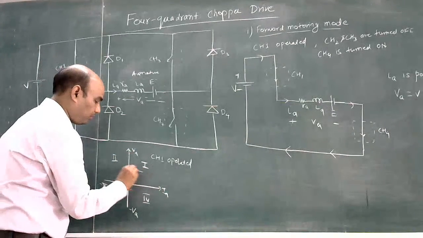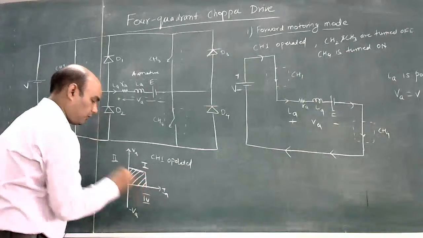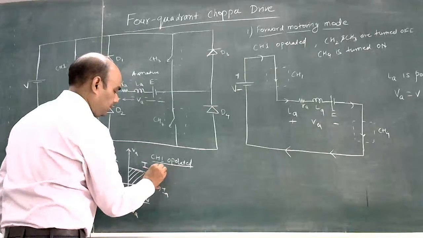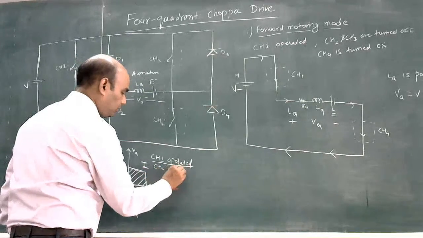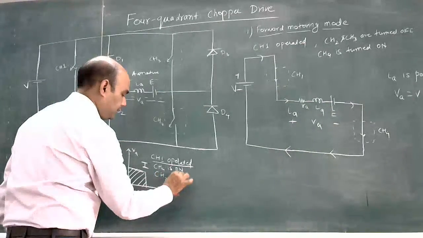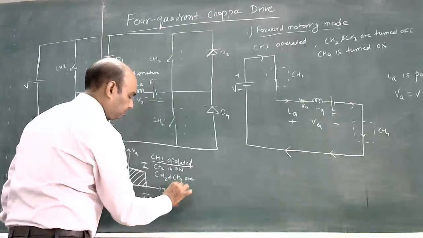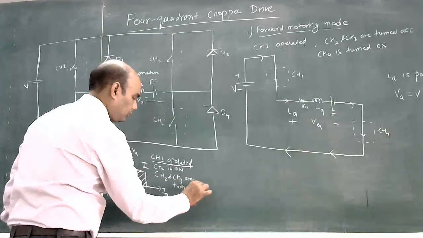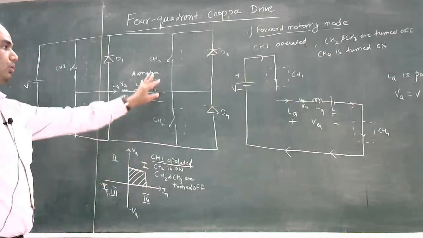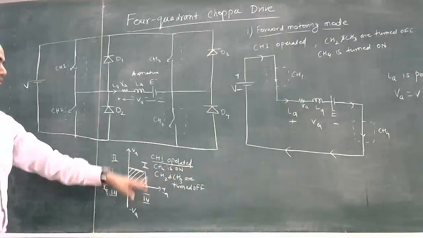So this will operate in quadrant 1. Here CH1 is operated, CH4 is on, and CH2 and CH3 are turned off. This is the case for quadrant 1, forward motoring.